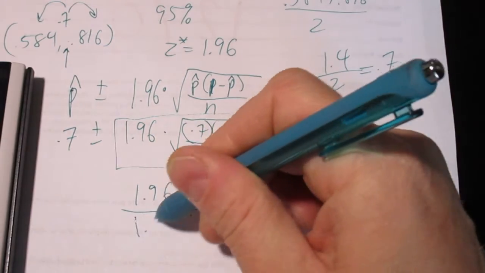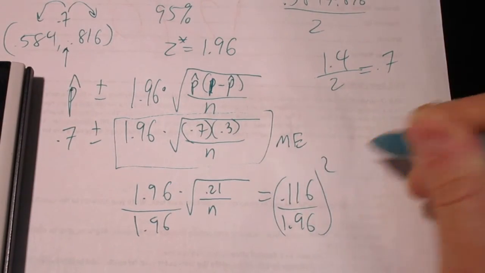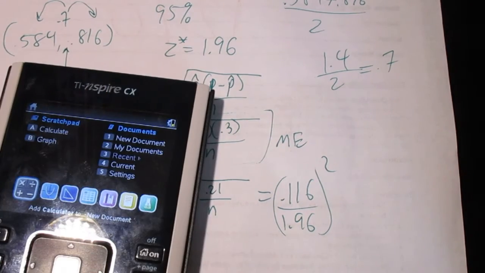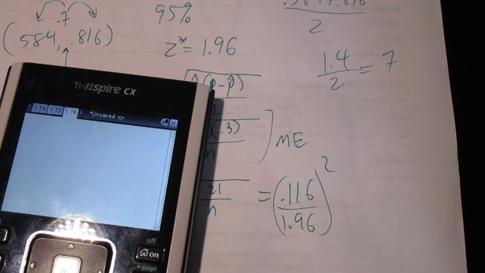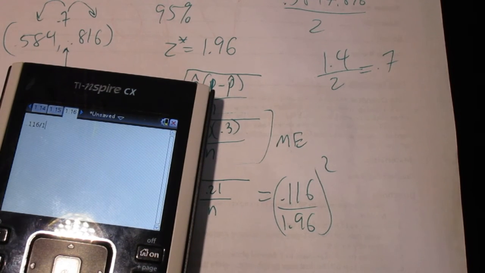Divide by 1.96. Square that. 0.116 divided by 1.96, enter, squared, enter.